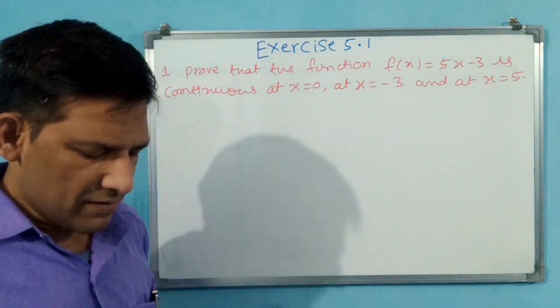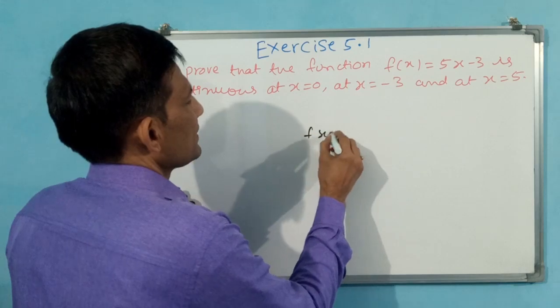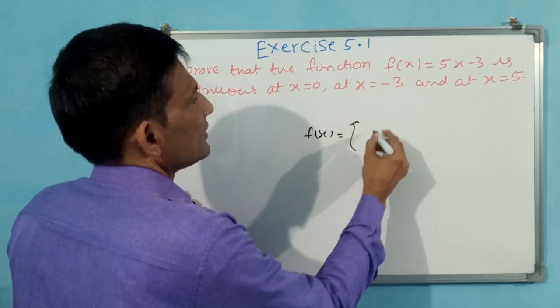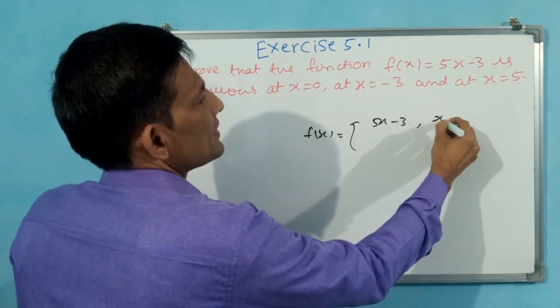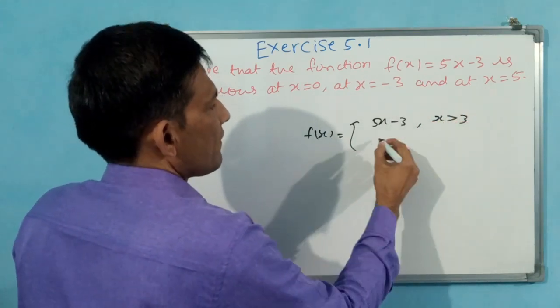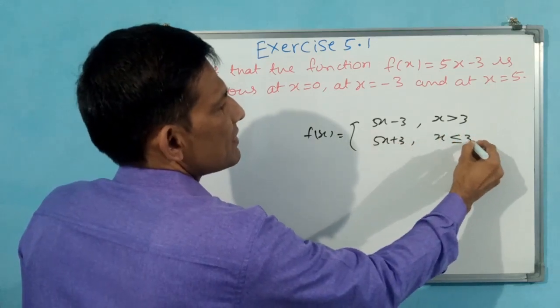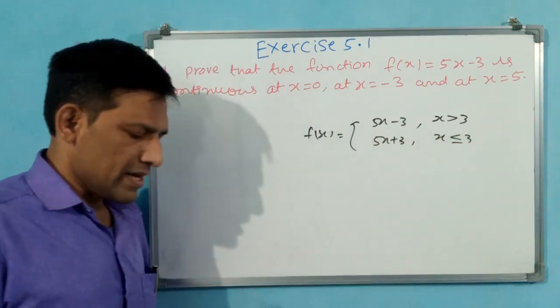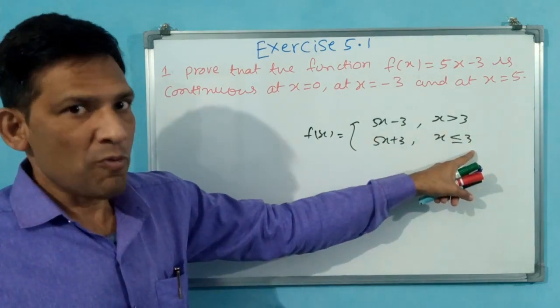See, what I want to say, if f of x is like this: 5x minus 3 when x is greater than 3, and 5x plus 3 when x is less than or equal to 3, if some conditions like that are there and the function changes according to the domain.